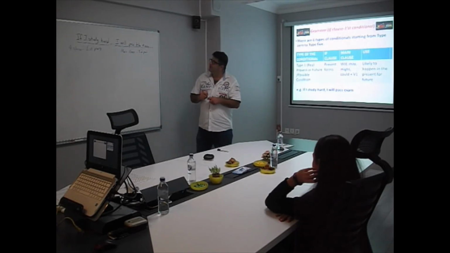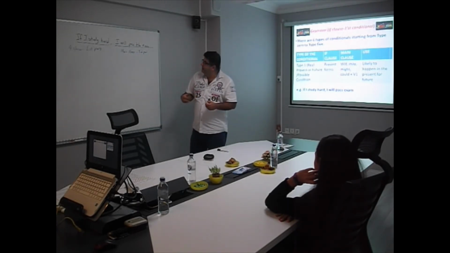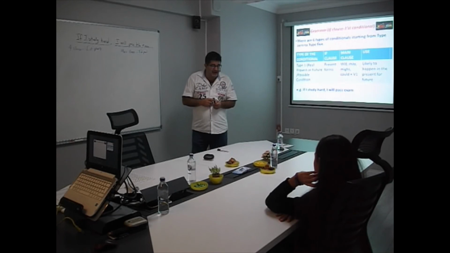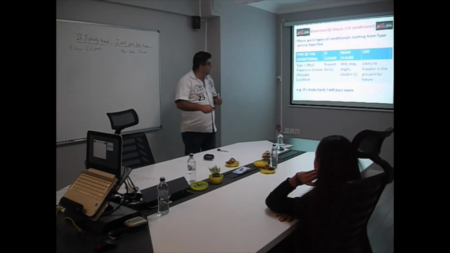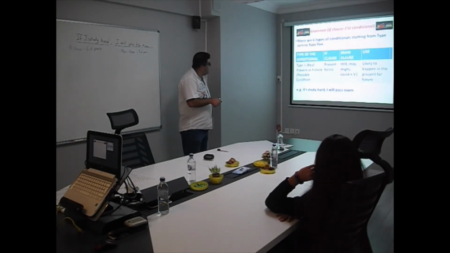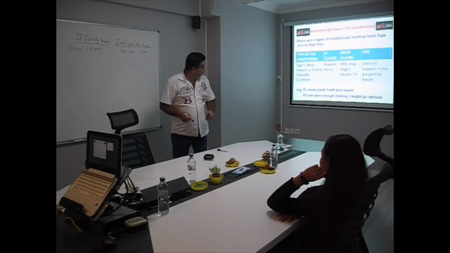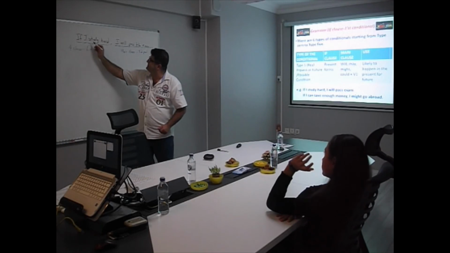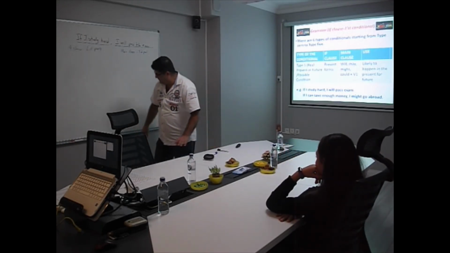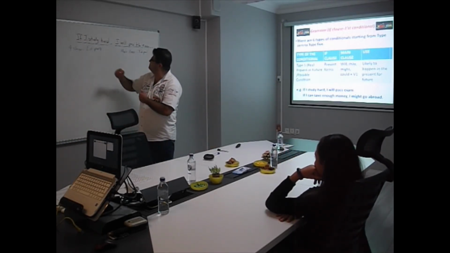So, if I study hard, I will pass the exam. Look, what does it say? Will, may, could. The if clause is going to be present. What form is this word in the first part?